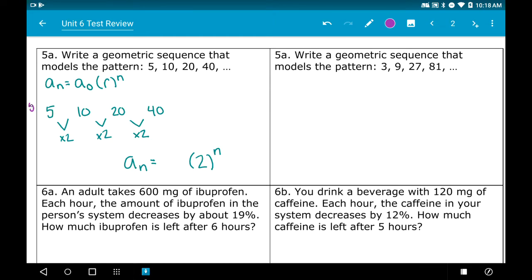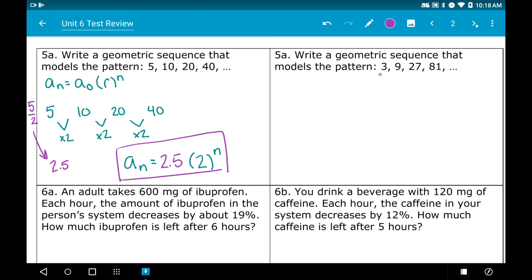So then we just have 5 divided by 2. So now 5 divided by 2, if you put that in your calculator, should give you 2.5. So 2.5 would be our initial value here. And that would be the equation that represents this pattern.